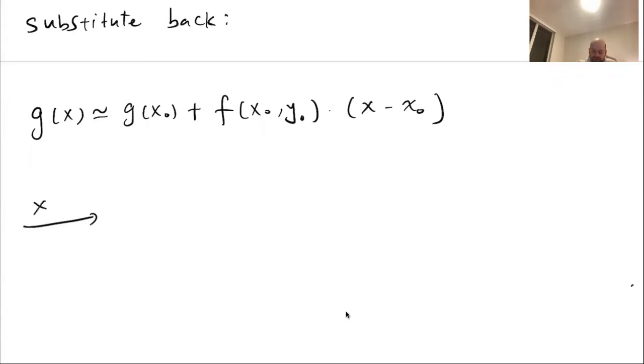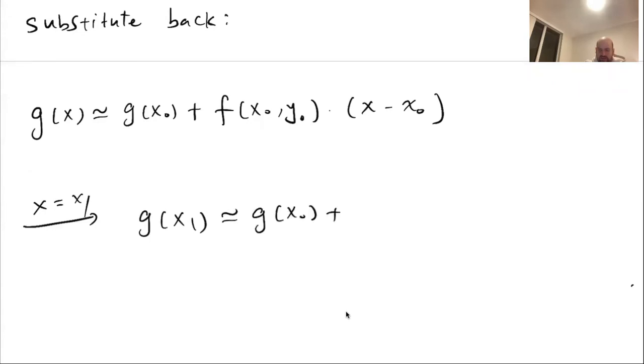Let's replace x with x1, and then we get g of x1 almost equal to g of x naught plus f of x naught and y naught times x1 minus x naught.